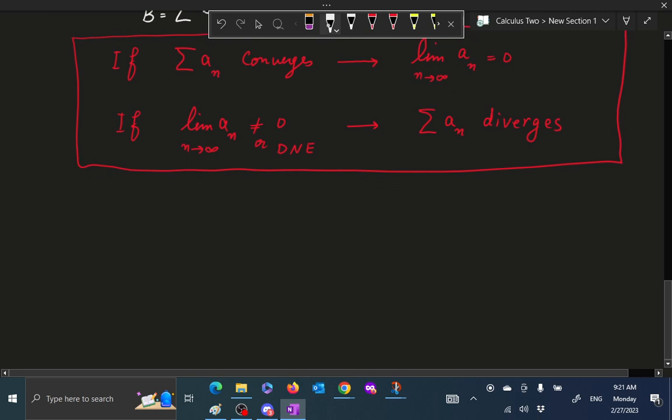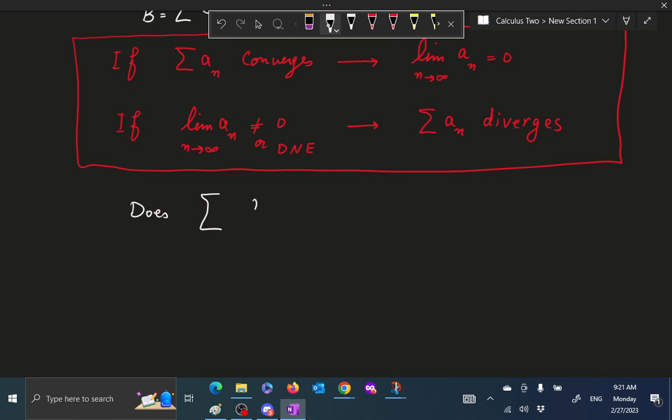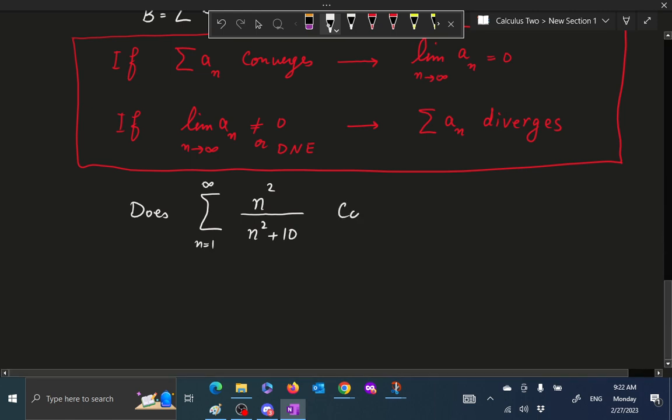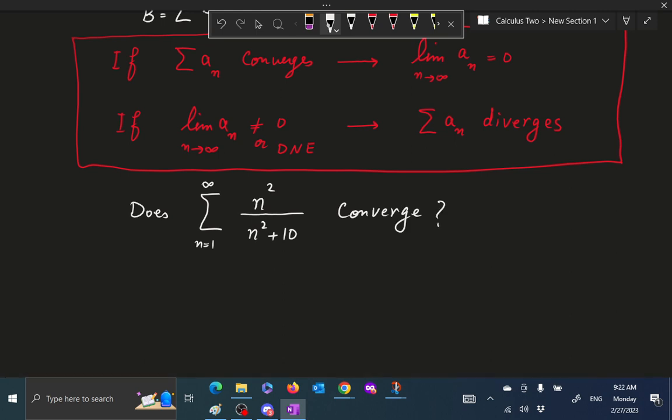Suppose I ask you, does the sum of n squared over n squared plus 10, summing from 1 to infinity, converge? Okay, take a short pause, think about it, see if you can use this theorem.